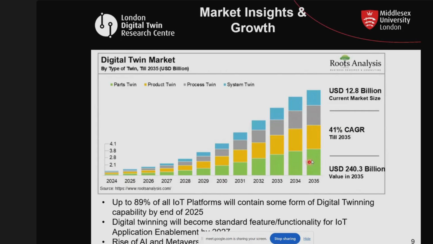Parts twin is equally significant, but it matures by the time you reach 2030, roughly. Then 2030 to 2035 is not maturing quite at a high rate. But if you look at the system twins, there is significant increase over there between 2030 to 2035.